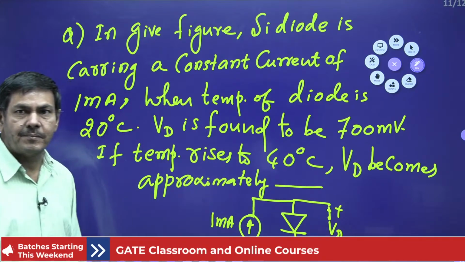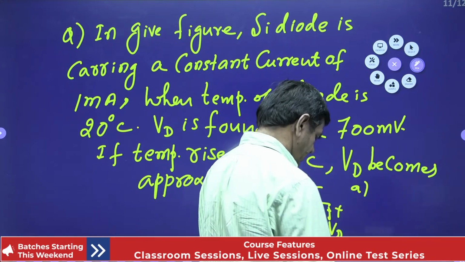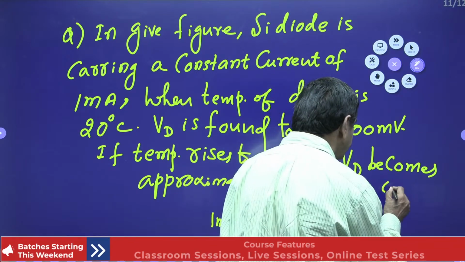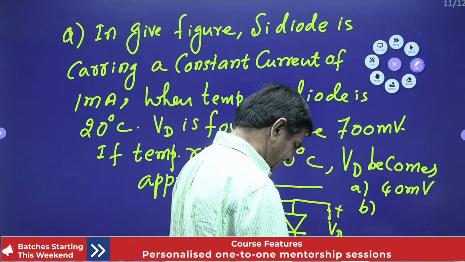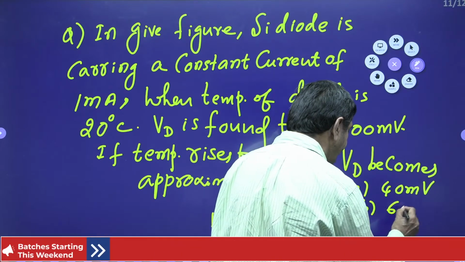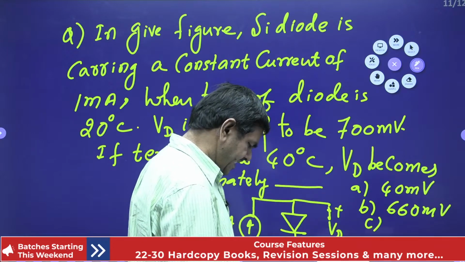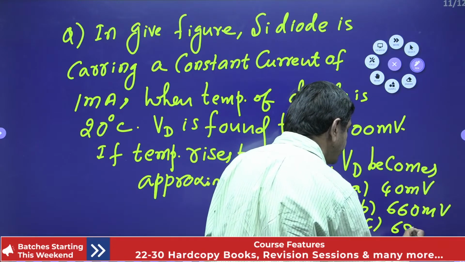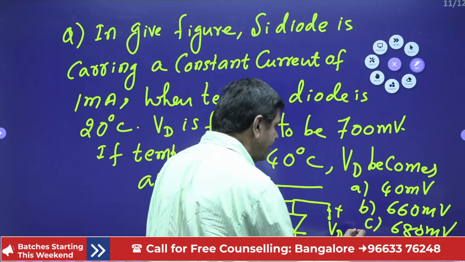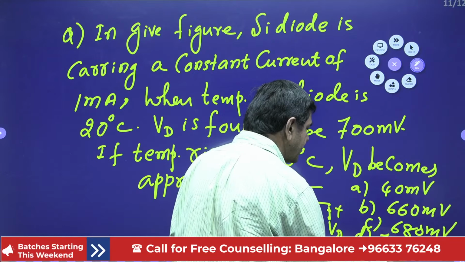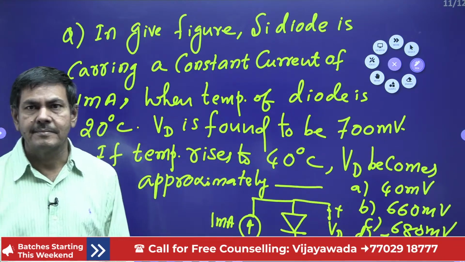Options are also given: option A is 40 millivolts, option B is 660 millivolts, option C is 680 millivolts, and option D is 700 millivolts.